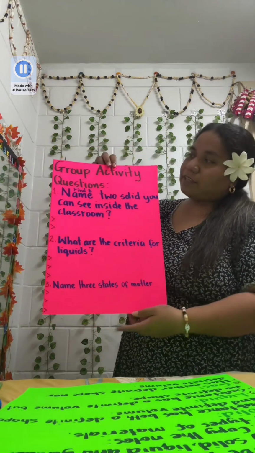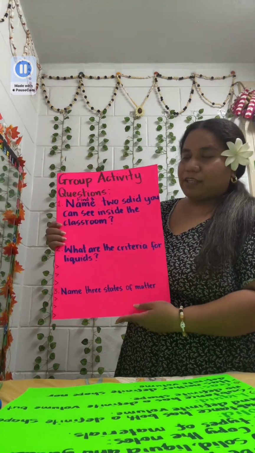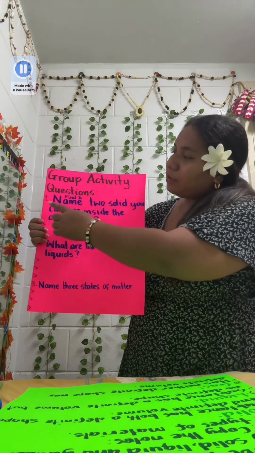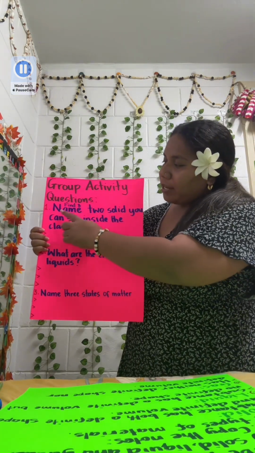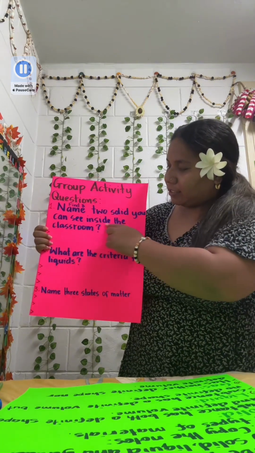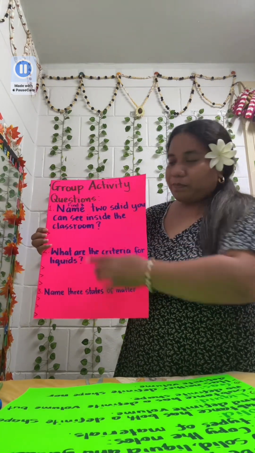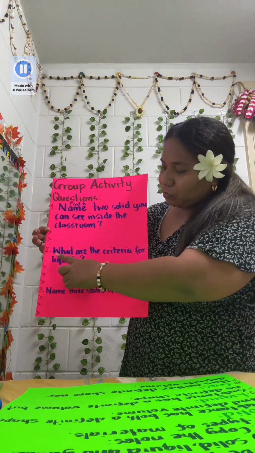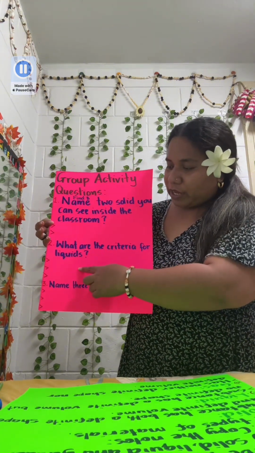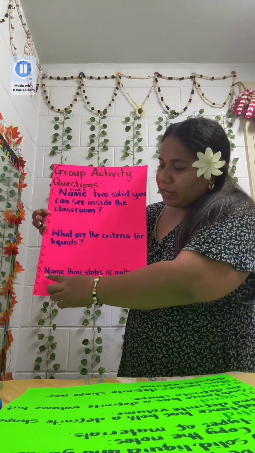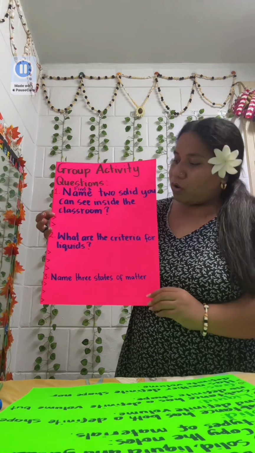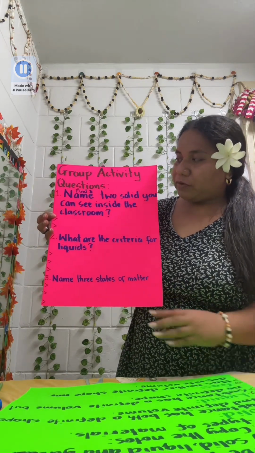For the first activity, the group activity, there will be questions given. Number 1: find and name 2 solids you can see inside the classroom. Number 2: what are the criteria for liquids? And the last question is name 3 states of matter, or name 3 types of materials.